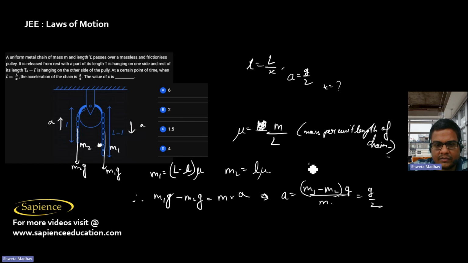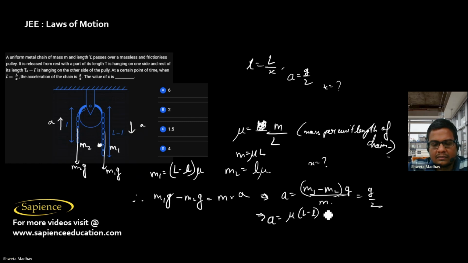Then x you have to find out, where l is given as L by x. So therefore acceleration is equal to (m1 minus m2) g by m, and m I can write as mu into L. So m1 is mu into (L minus l), minus m2, which is mu into l. So this part into g, divided by mu into capital L, is equal to g by 2.